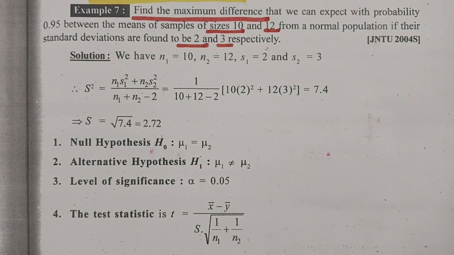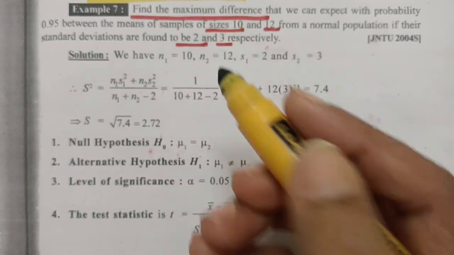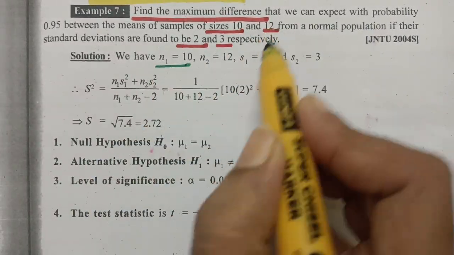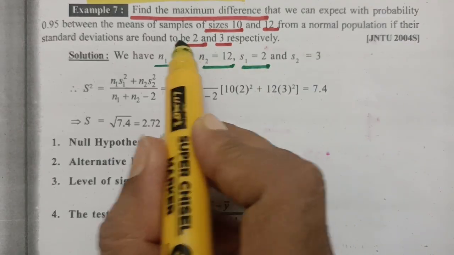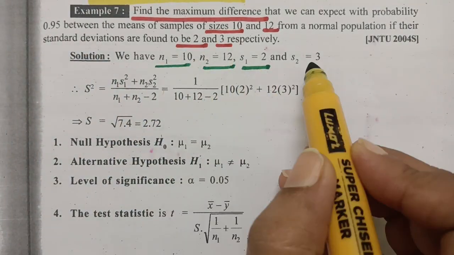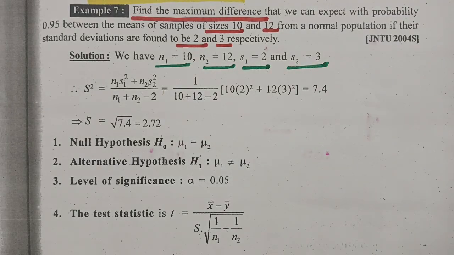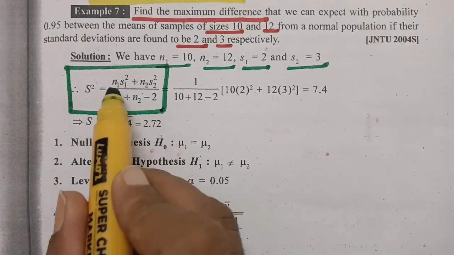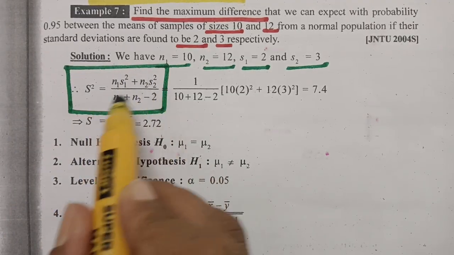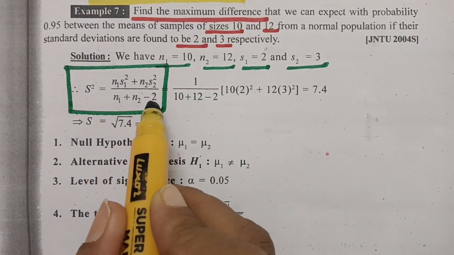So from this, the data given here is: the sample sizes n1 is equal to 10 and n2 is equal to 12, and the standard deviations are s1 equal to 2 and s2 equal to 3. Here the formula is S square is equal to n1 s1 square plus n2 s2 square by n1 plus n2 minus 2.